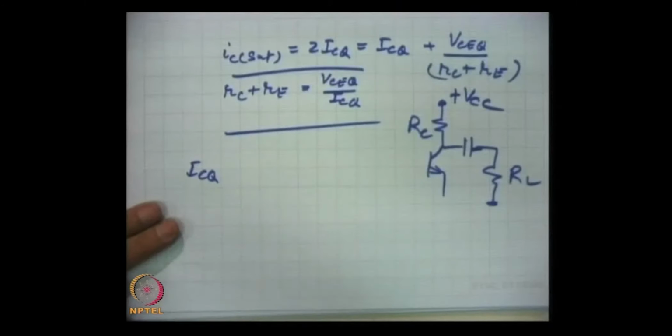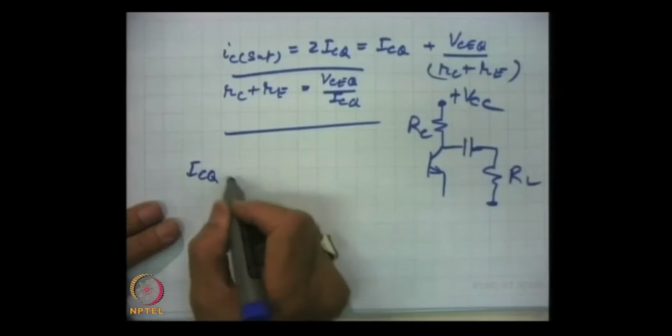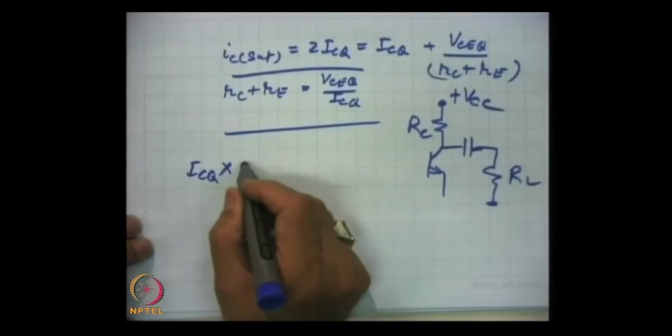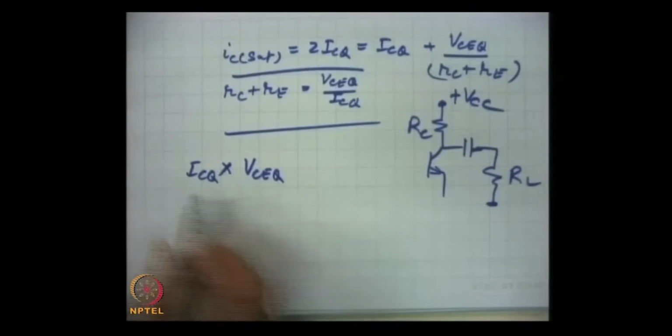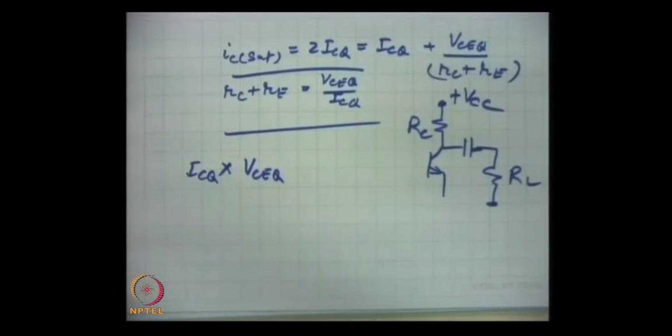You realize one point, that even in the absence of the AC signal, because the quiescent current, the operating point current, it is ICQ, and the product is with the voltage which will be existing, this much power, even in the absence of the AC signal, continues to be consumed by the circuit, and this can be saved.